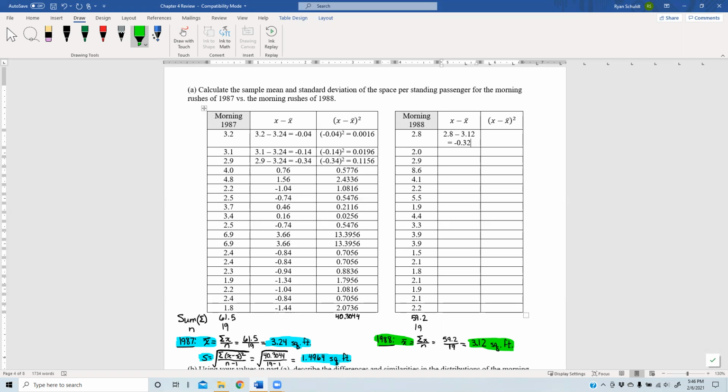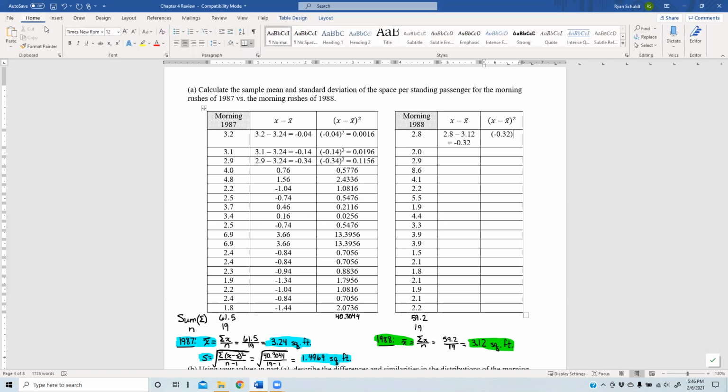Then we have to go and square that. So negative 0.32 squared would give us 0.1024. Okay, so there's that one.